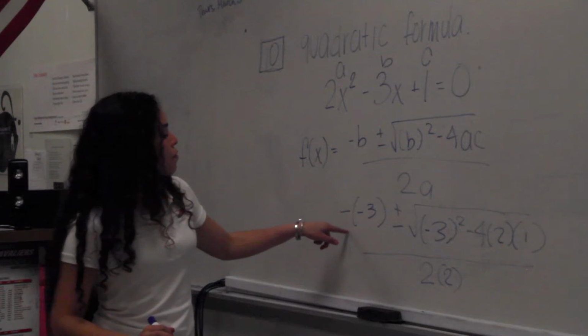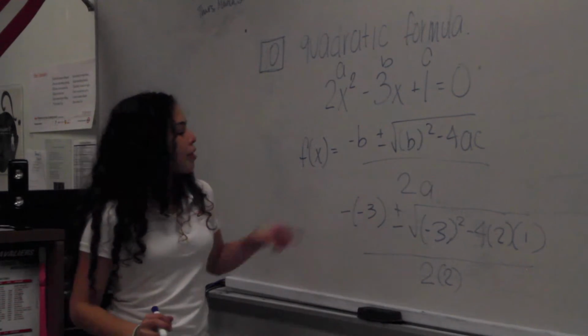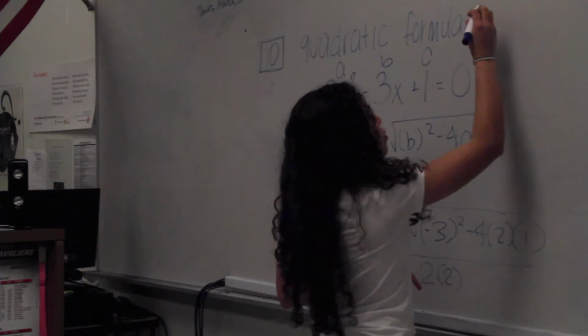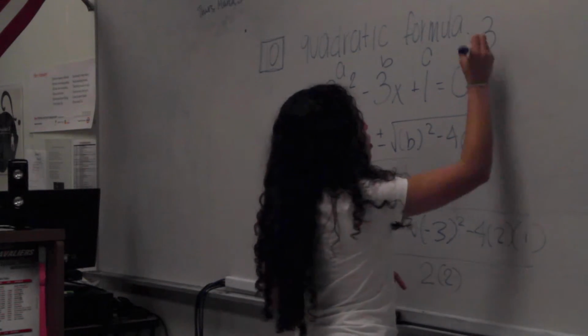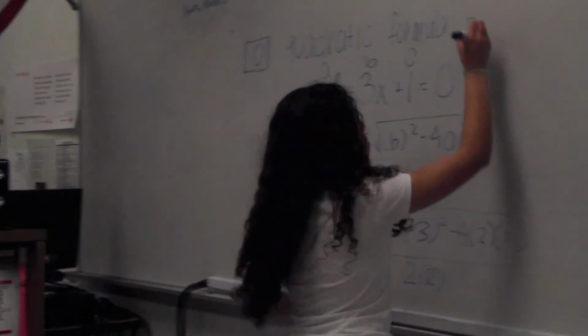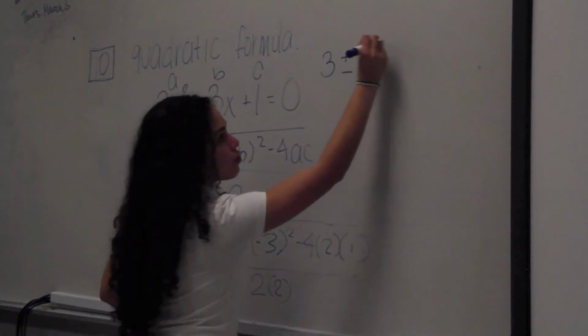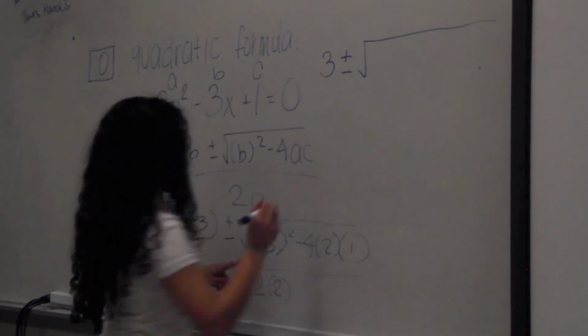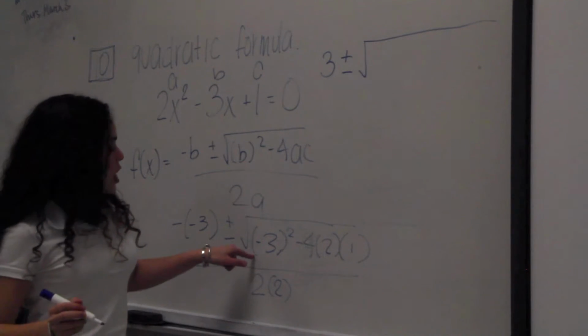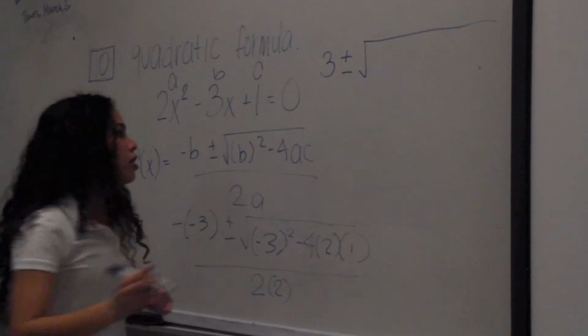So negative, that means that's a plus. So just let me write it up here. 3 plus or minus. All right, cool. So what is negative 3 squared? That is 9.